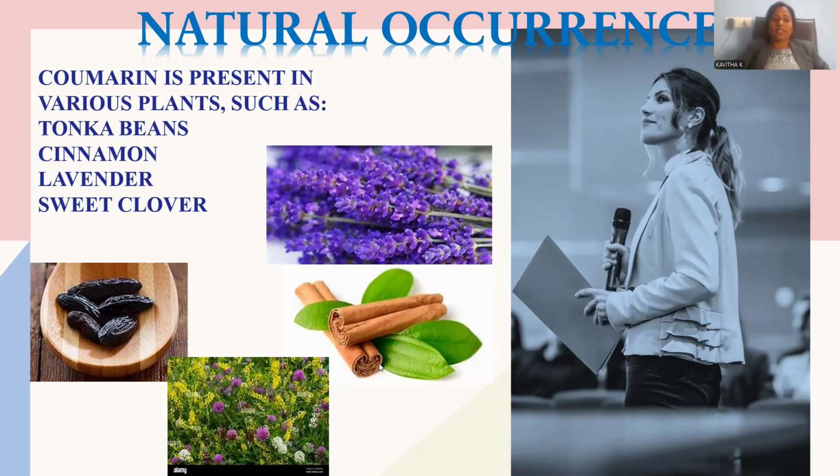Cinnamon is another material, used as a food spice, and from lavender oil we are also able to extract coumarin, it being an aroma-containing compound. And sweet clover is another natural material from which the richest amount of coumarin can be extracted.